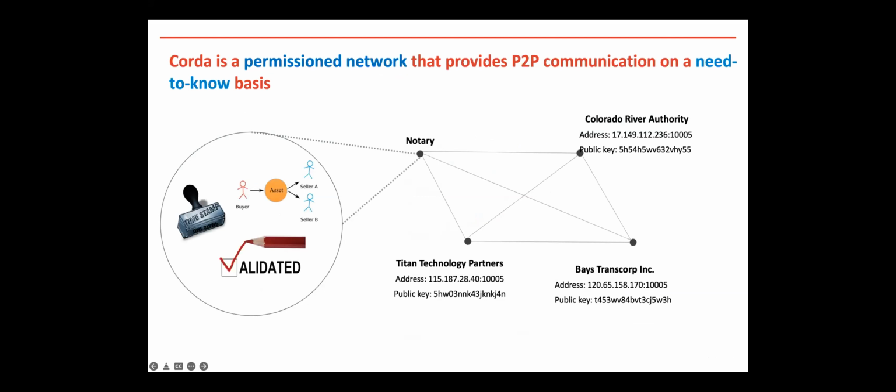In this network, you can't tell who's doing what, because the X500 name only tells you the address that you are transacting with, but it does not carry much more information.